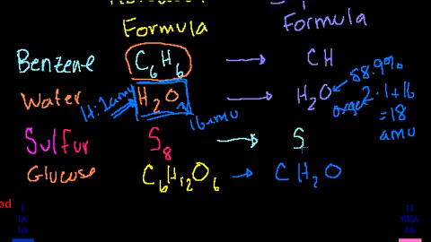So most of water is oxygen. Even though, and this is interesting, you have 2 hydrogens for every 1 oxygen, oxygen's mass is so much larger, it's 16 times larger, that most of water is oxygen.